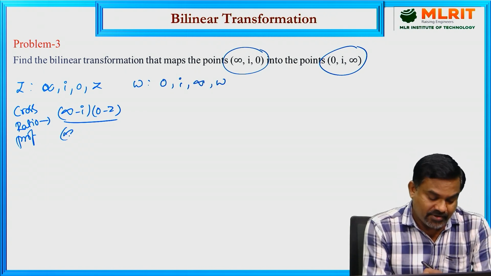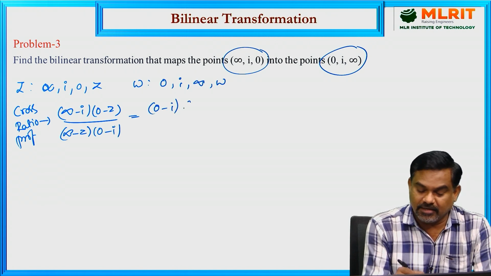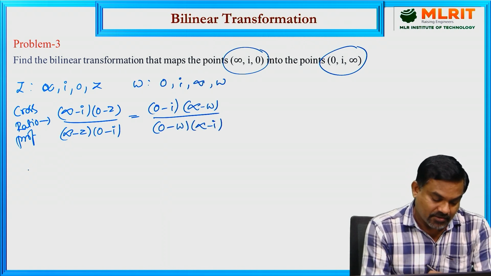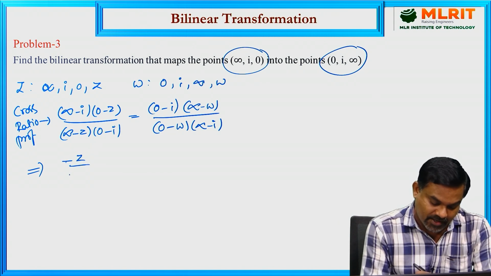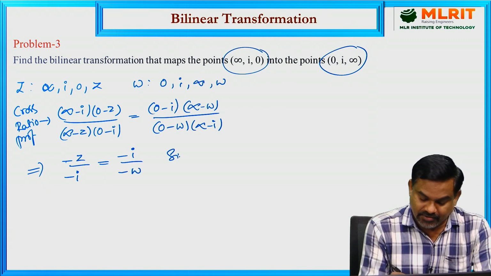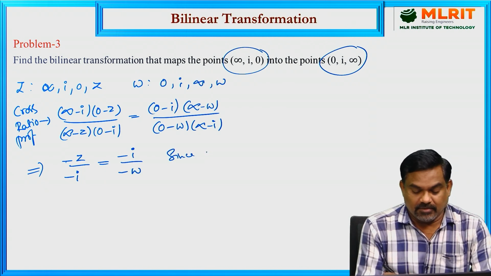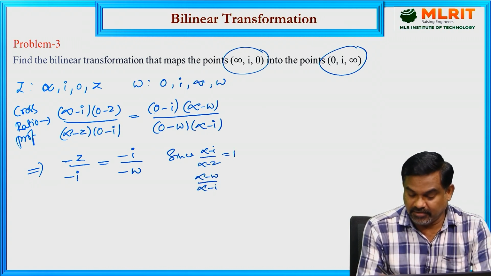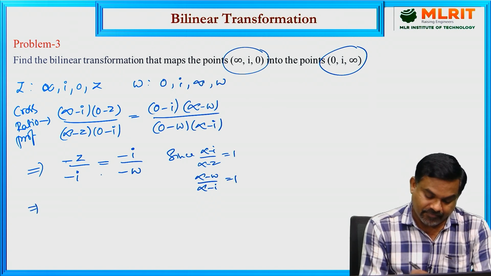So infinity minus Z, 0 minus I is 0 minus I, infinity minus W, 0 minus W, infinity minus I. So that implies this is minus Z by minus I is equal to minus I by minus W, since the quotient infinity minus I by infinity minus Z equals 1, by considering this.